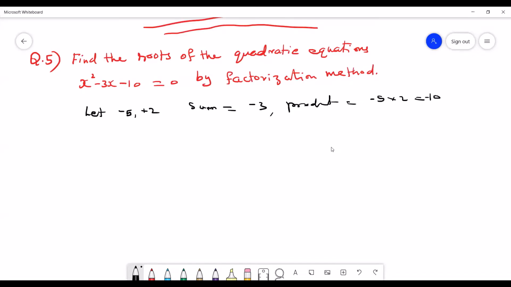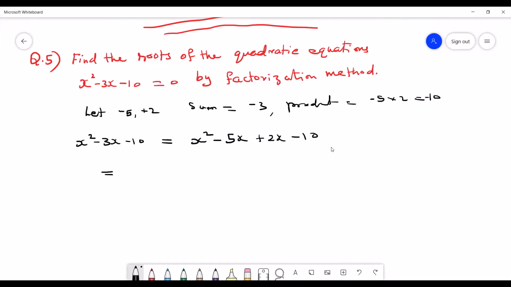So -5 and +2 we can take to split up that middle term. So let us write x square minus 3x minus 10 equal to x square minus 5x plus 2x minus 10.